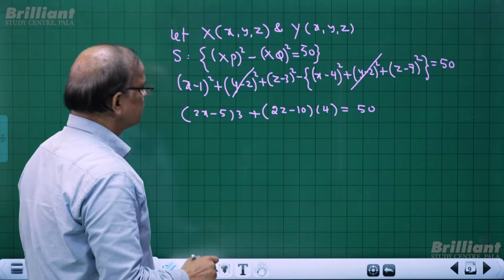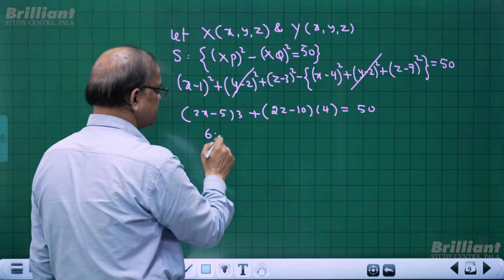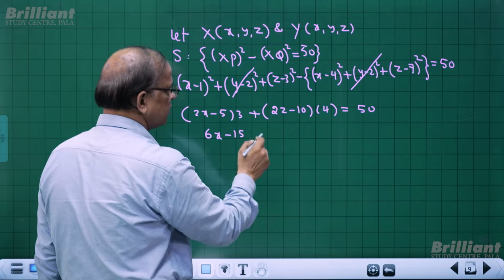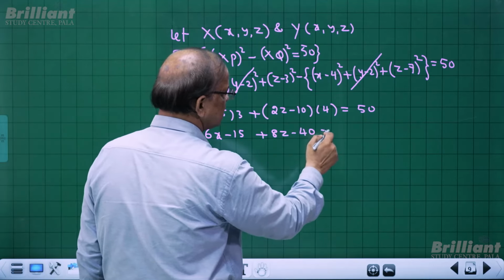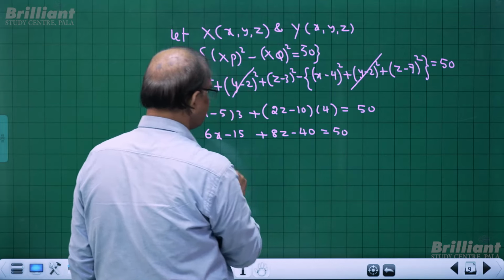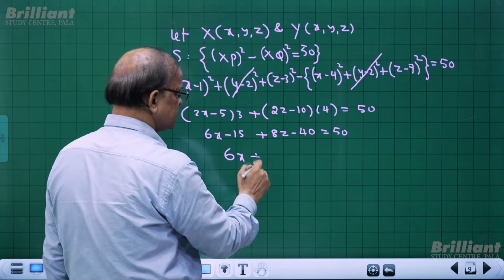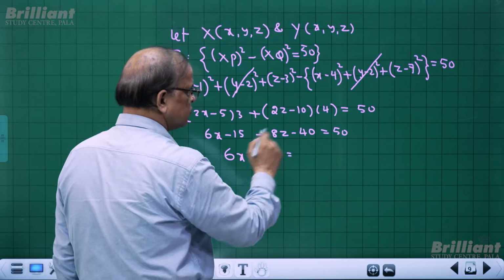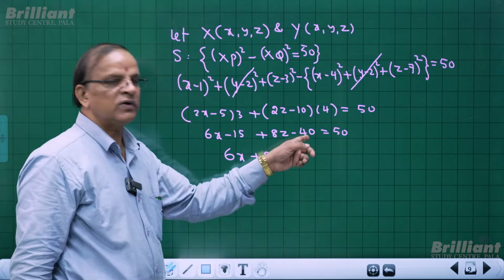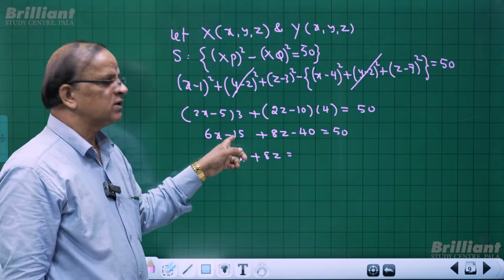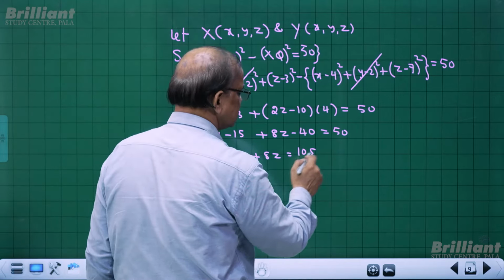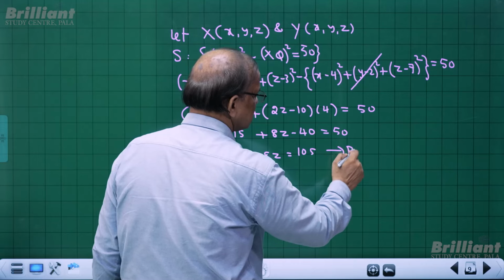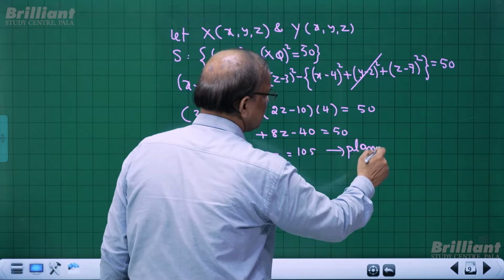So this is 6x minus 15 plus 8z minus 40 equal to 50. So 6x plus 8z is equal to 50 plus 40, 90, plus 15, 105. This represents a plane.